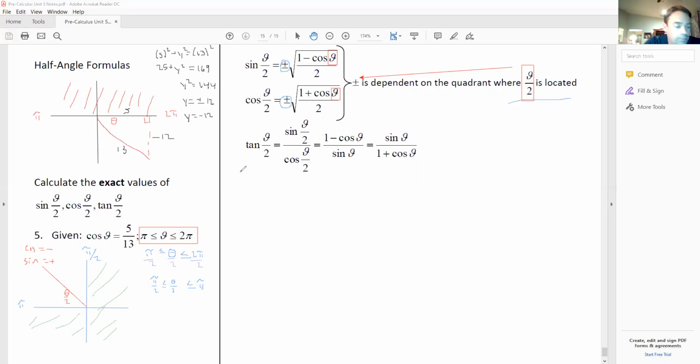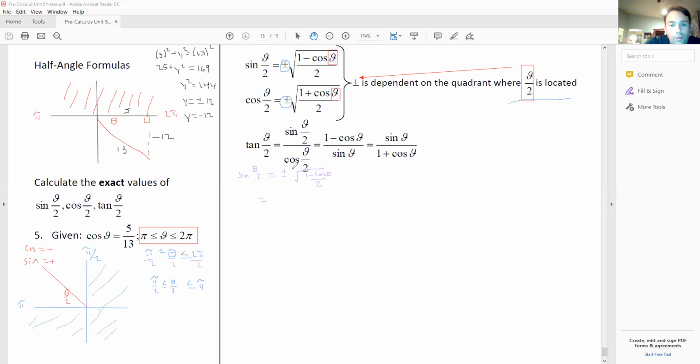So the half angle. Sine of theta over 2 equals plus or minus the square root of 1 minus cosine theta, all divided by 2.